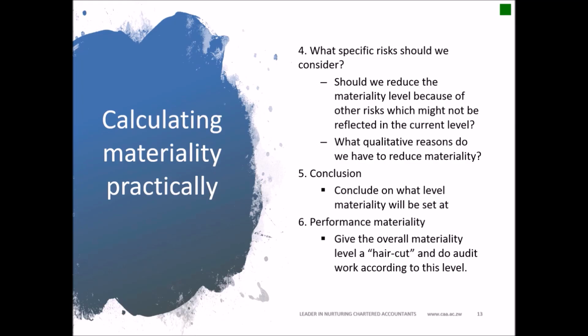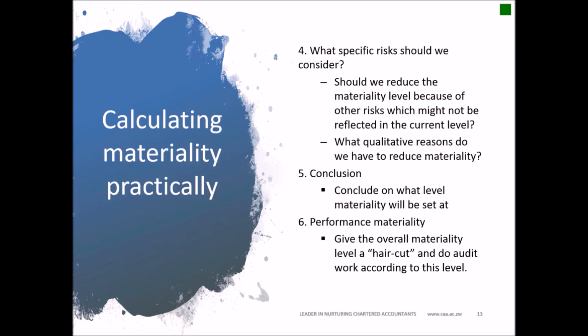But could there be any other factors that make me want to reduce my materiality a bit because integrity of management is questionable? This 10,000 might be too high and they could be hiding something within lower amounts. Therefore, I may want to reduce my materiality.